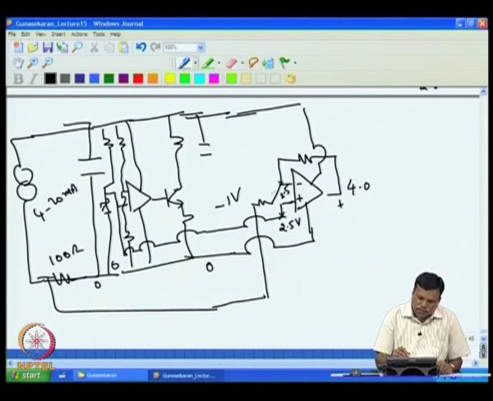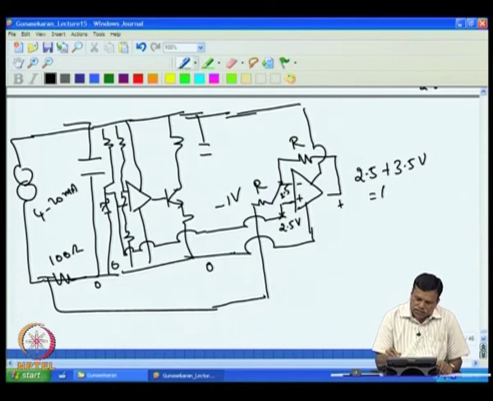Then the difference is 3.5 volt. So we have to have 3.5 volt across this. That will give 2.5 plus 3.5. The output voltage will be 2.5 plus 3.5 volt, assuming this resistance and this resistance are equal. Then you have a 3.5 volt difference across this, so the output will stay at 6 volt. This is for minus 1 volt input.